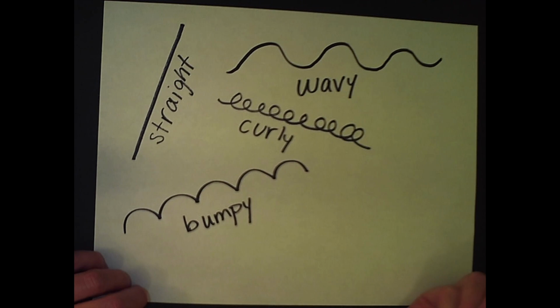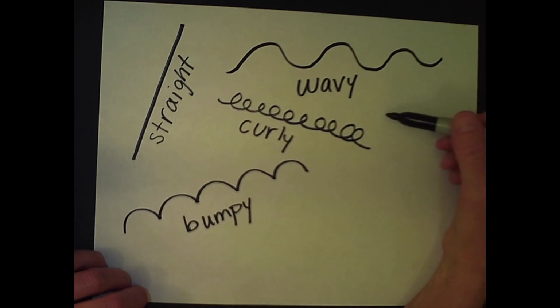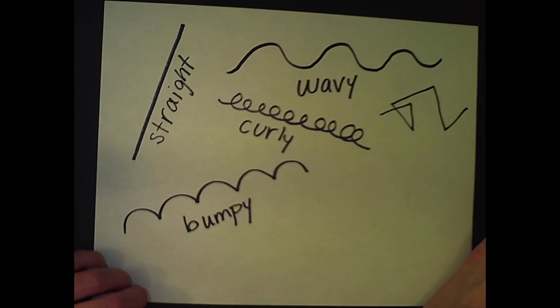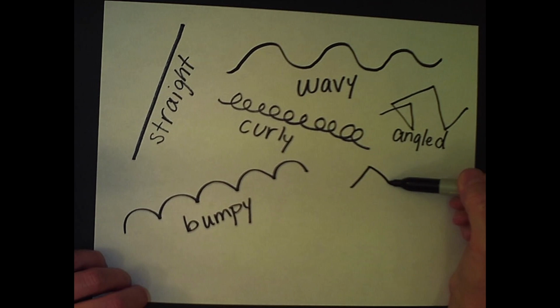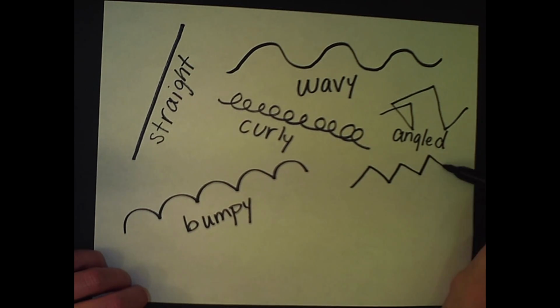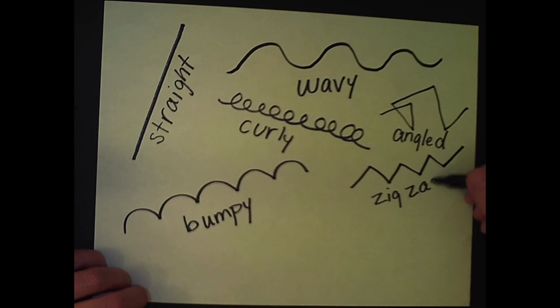Then he pointed his joints. Remember those sharp lines that he made? And we might call that an angled line. We could also do a zig, zag, zig, zag line on our sampler for that sharp kind of movement that he was making.